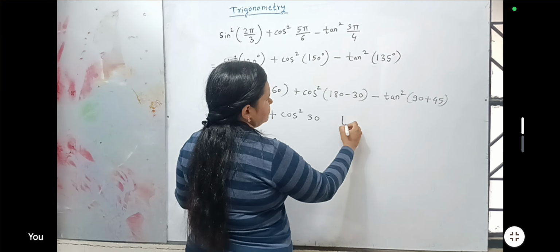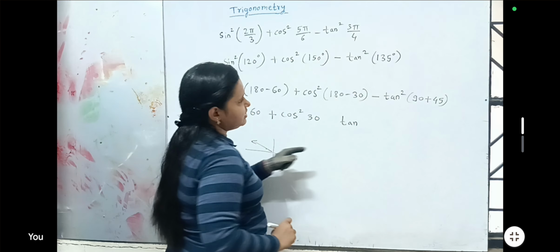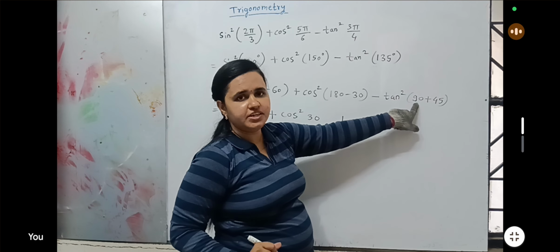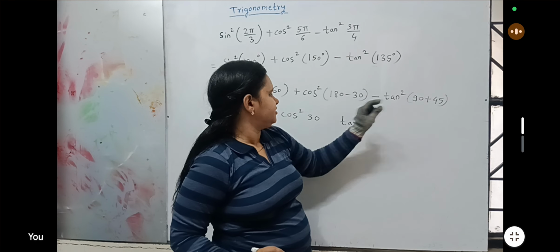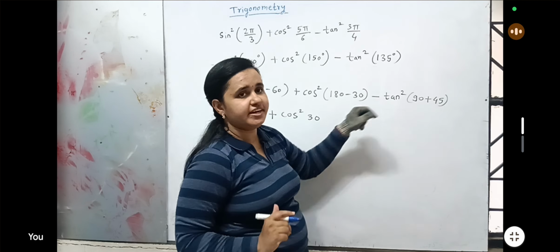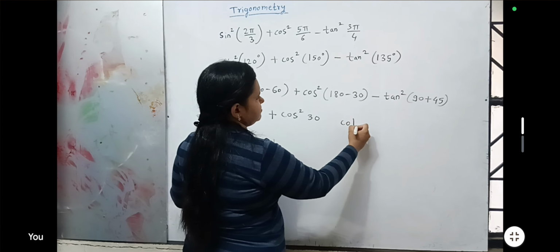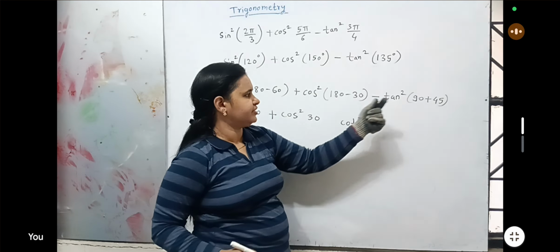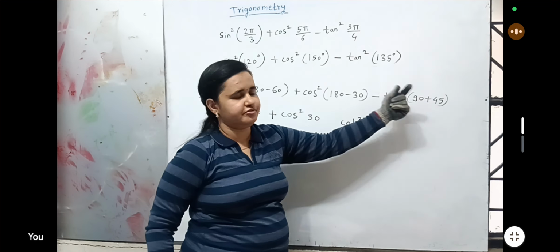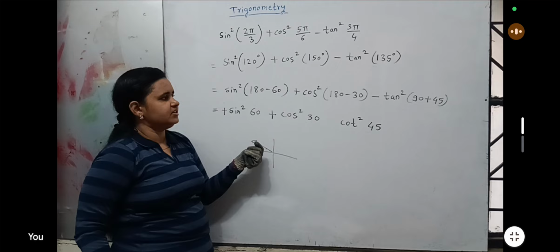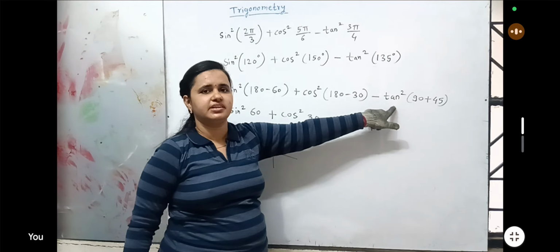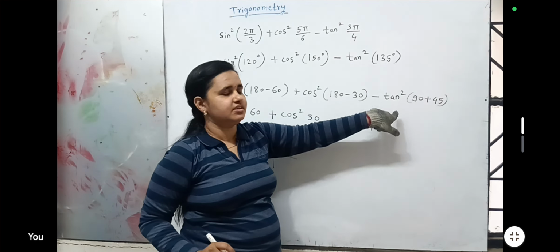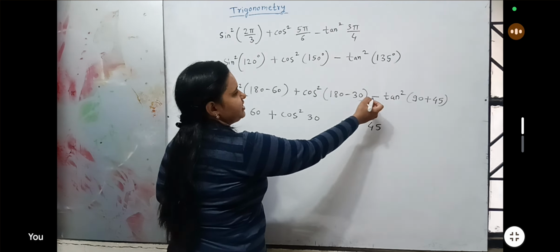Now tan square 90 plus 45. Here it is odd multiple and if it is odd multiple, tan will get cot. Cot square of 45. Now 90 plus 45 means it is in second quadrant. In second quadrant tan is negative. So it will be negative and as it is a square, negative negative will get positive and here it is a minus.